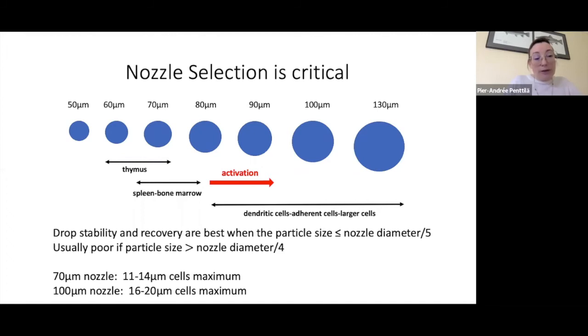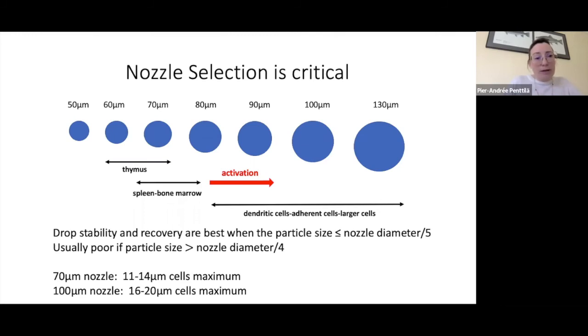For a 70 micron nozzle, you probably don't want to push through a cell or a particle that's larger than 14 microns as a general rule. And in a 100 micron nozzle, you probably don't want to go above 20 microns. Most modern cell sorters have quite a wide range of nozzles available that can be adapted.